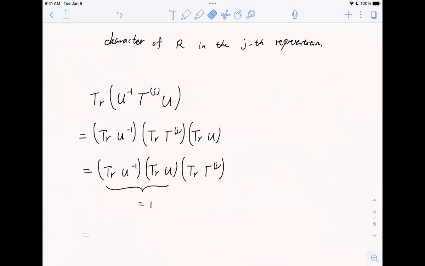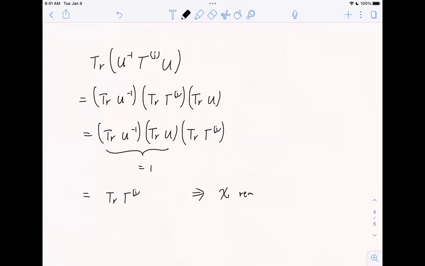Eventually you get back the same thing. So the character remains the same after a similarity transformation.